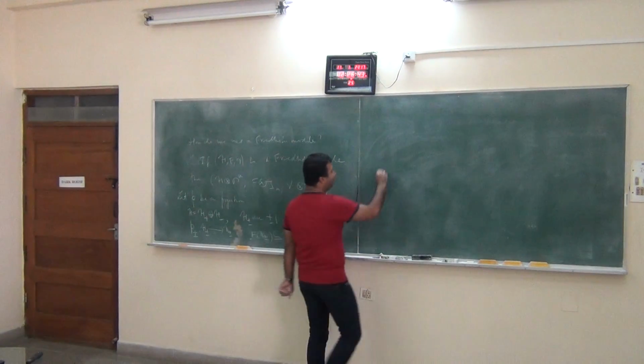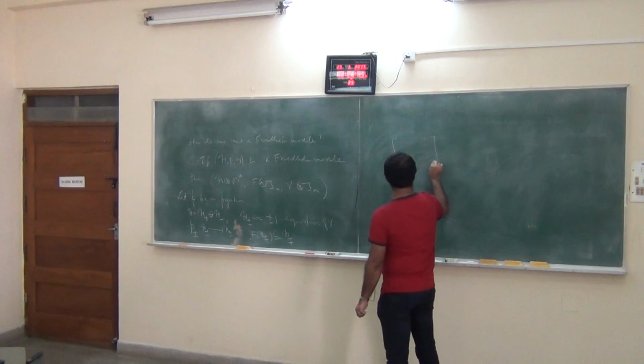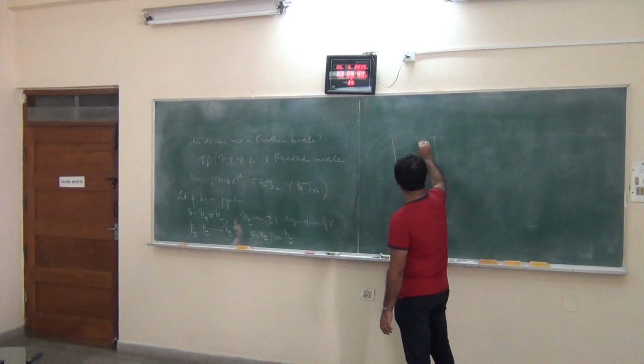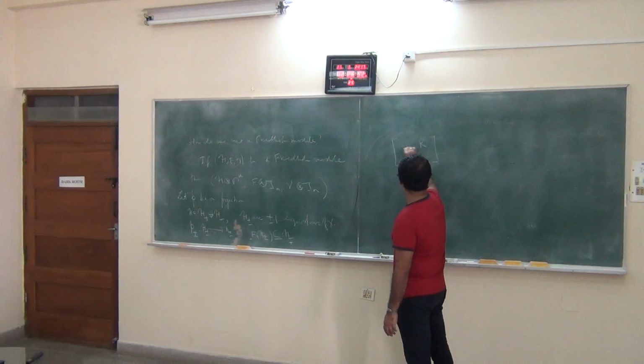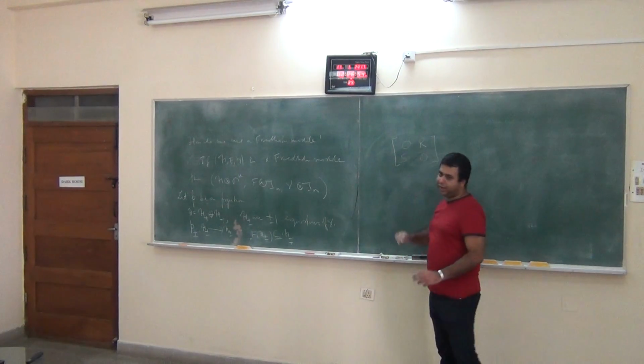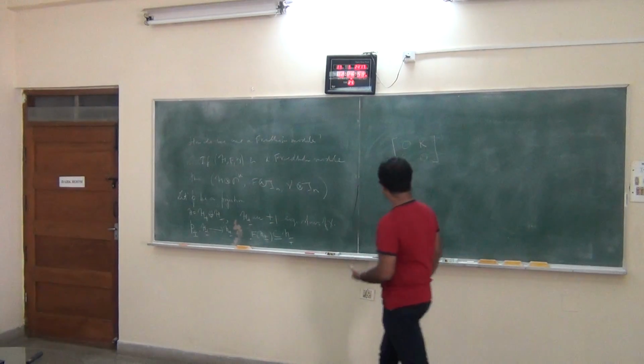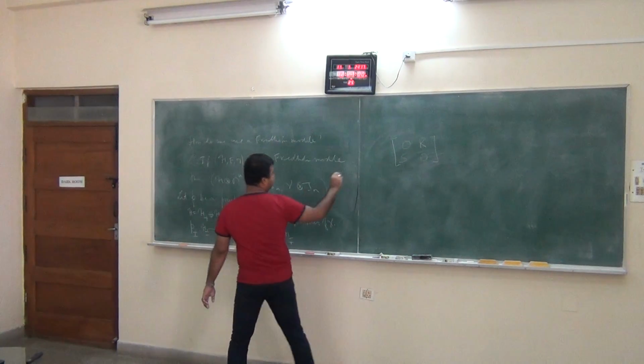So let us write it down. If I write it as a matrix, R and S are really equivalents between these two spaces, H plus and H minus. So F is like that.